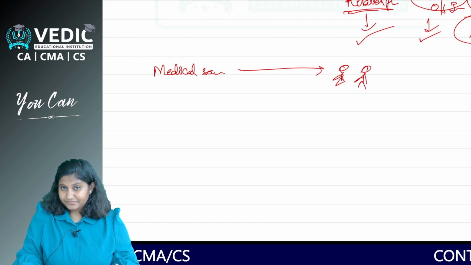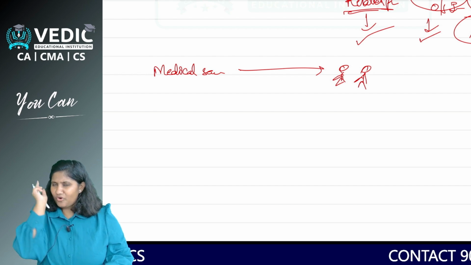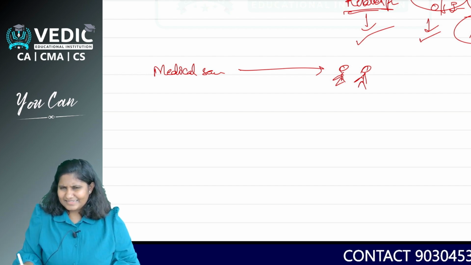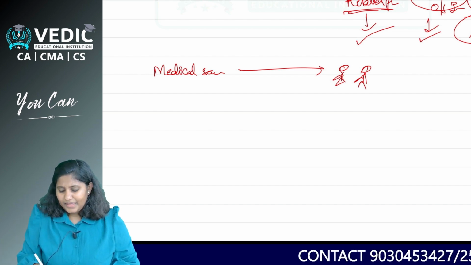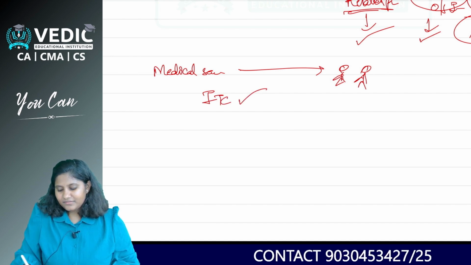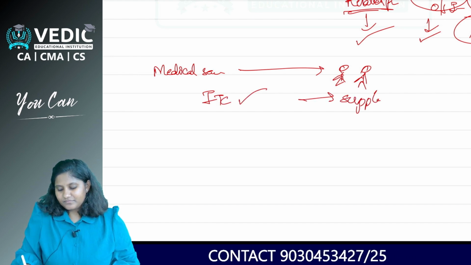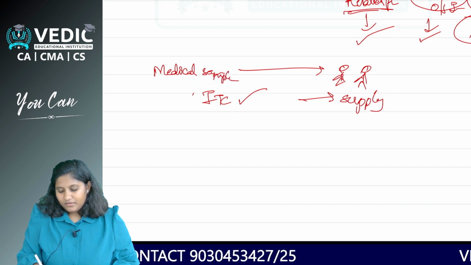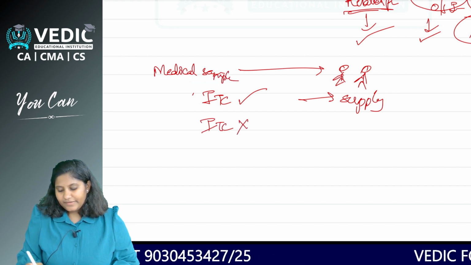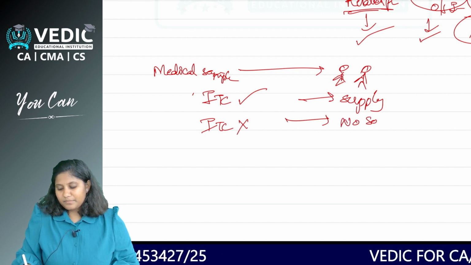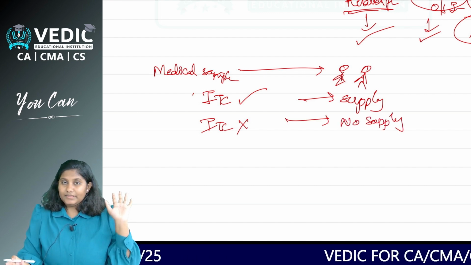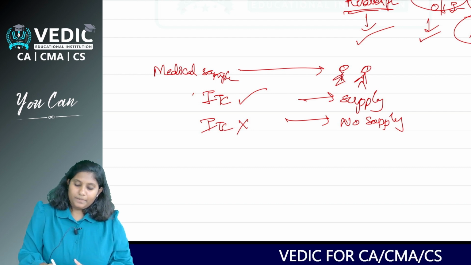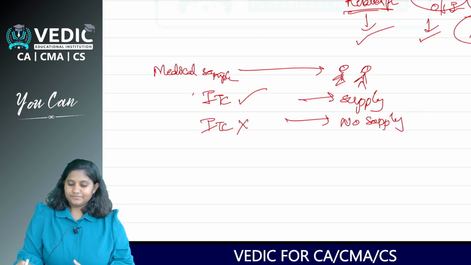Is it a supply? The same concept of permanent transfer or disposal applies, because they are basically transferring and disposing. If ITC is availed on these samples, supply. If ITC is not availed, no supply. Clear? Yes.